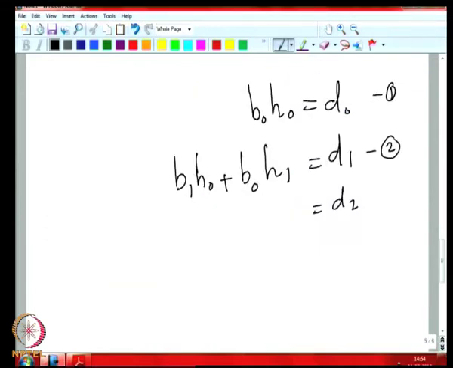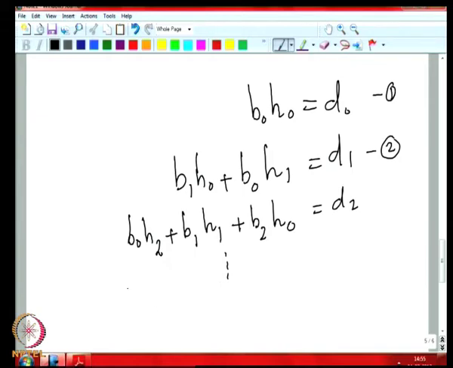So this will be b0 into h2 plus b1 into h1 plus b2 into h0. This will be d2, and like that we can compare the coefficient of each term.